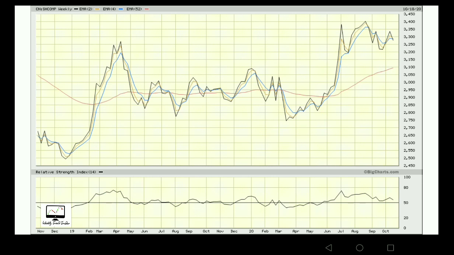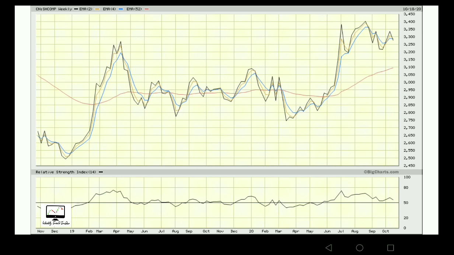We've hit this level of 3,400. We came back after hitting that in July. We went up again in August, hit 3,400, and we've dropped back to that 3,200 level.